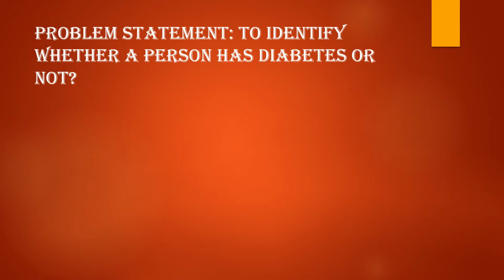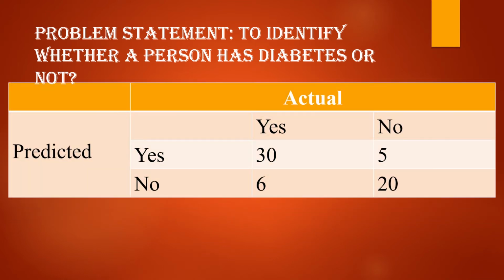Suppose we have the following problem statement. Our problem statement states that we have to identify whether a person has diabetes or not. Now, here we have actual values and we have predicted values. What does 30 imply? 30 people who actually have diabetes are predicted to have diabetes.